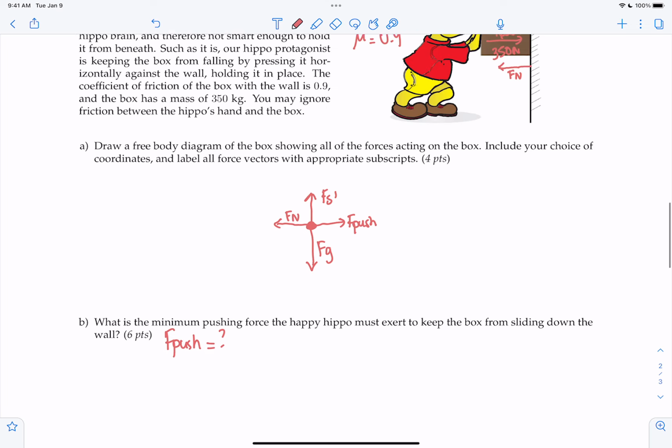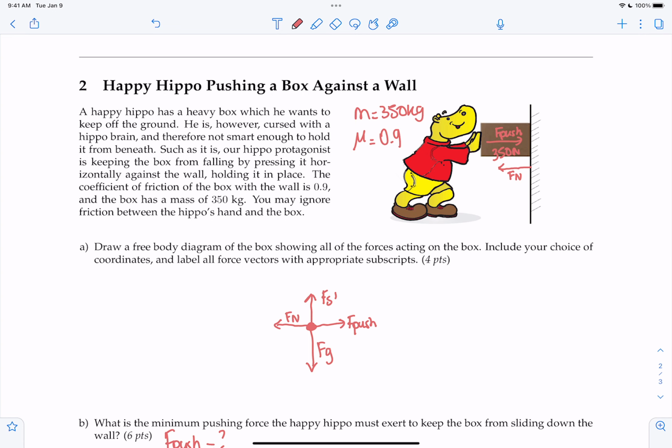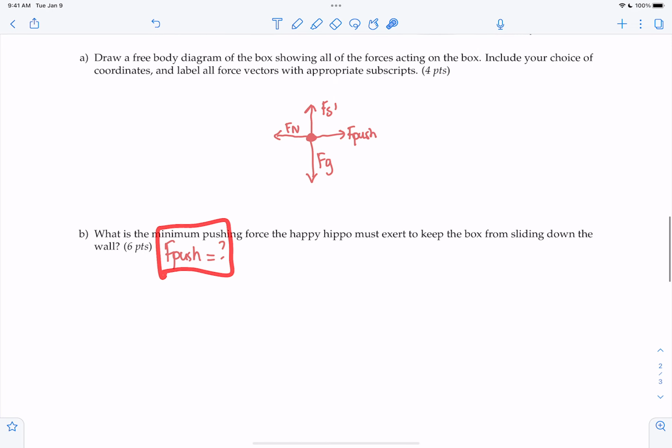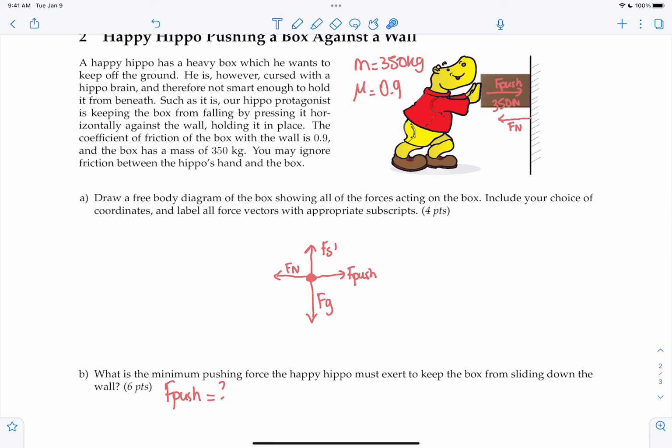We also have the mass, right? It's 350 kilograms. If we're trying to figure out a force of push, remember what I said earlier about when you use F net equations? If I'm trying to figure out a push force and I have access to a mass, what forces relate to mass? Force of gravity, right?